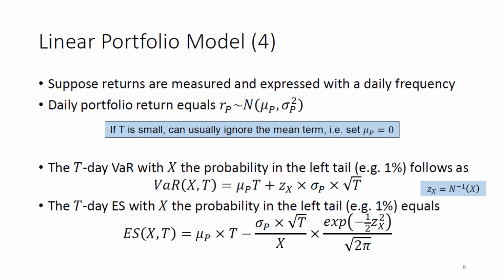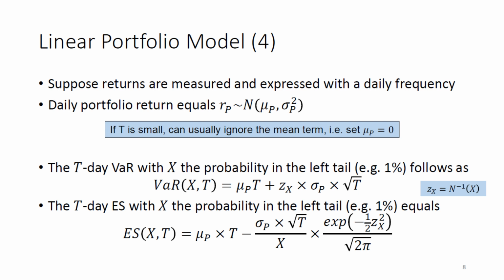So the x is set to a low probability number, and the capital T defines the horizon at which we look. If these returns are defined with daily frequency, and we look at a 1-day value at risk, then T is 1. If we look at a 10-day value at risk, then we need to set T equal to 10.